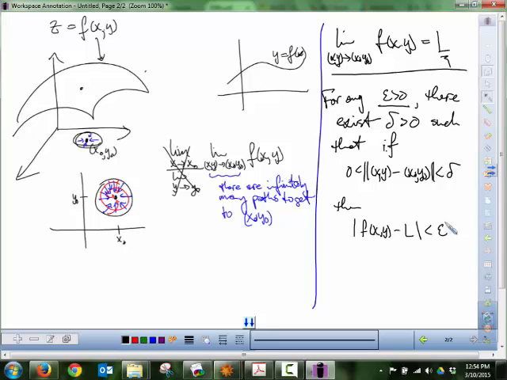So first, what I want to do is go back to the previous page and take a look at this definition and see how it relates to the previous definition of just a function of one variable. And then we'll go back to this page and take a look at this definition and how it relates to the drawings.